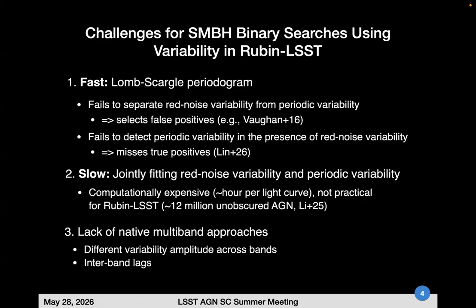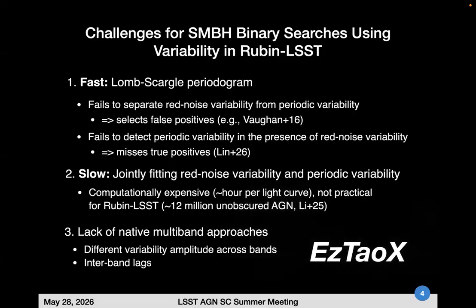And lastly, there's a lack of multi-band approaches, because AGN have band-dependent variability amplitude, and they have interband lags. And one thing I have to point out is Rubin only gives you a 3-day cadence if you combine data from all 6 bands. In individual bands, it's only a 20-day cadence. So we should take advantage of all bands.